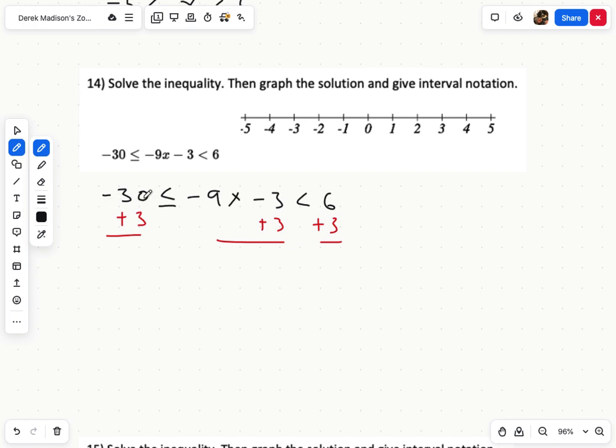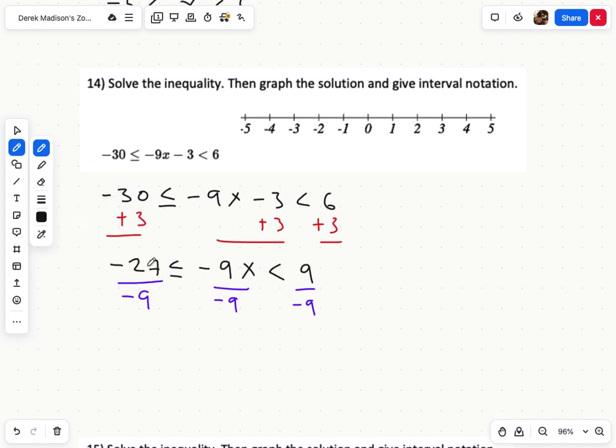So -30 plus 3 would give us -27, less than or equal to -9x, and then less than 9. And then next we would be dividing out that -9, and that's where we just have to be a little careful because we're dividing by a negative number. And with inequalities, that means we have to reverse the direction of the inequality symbol.